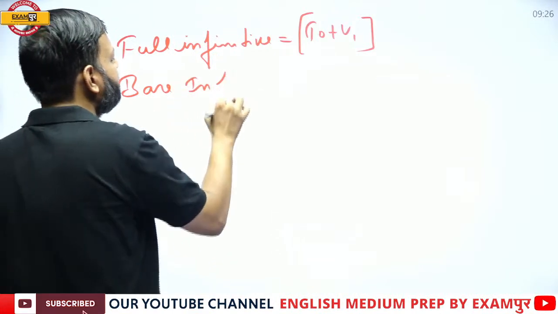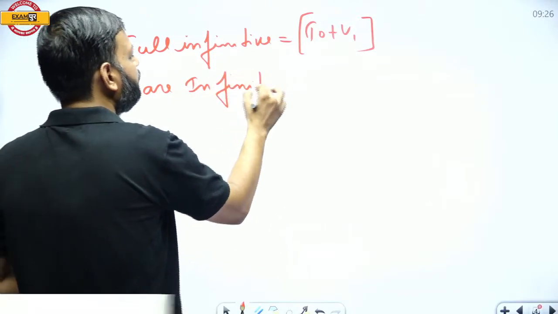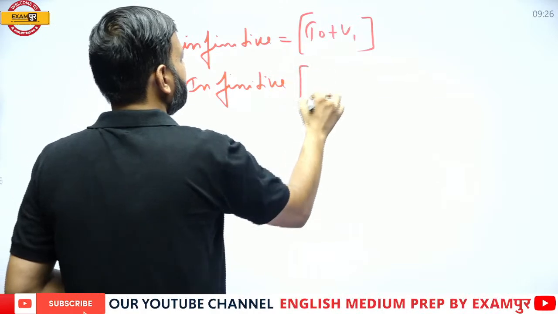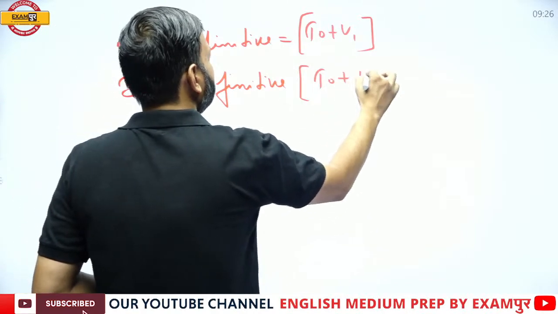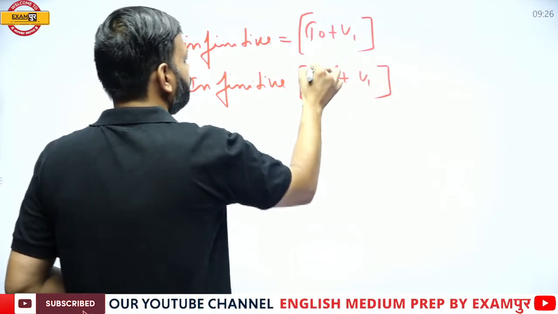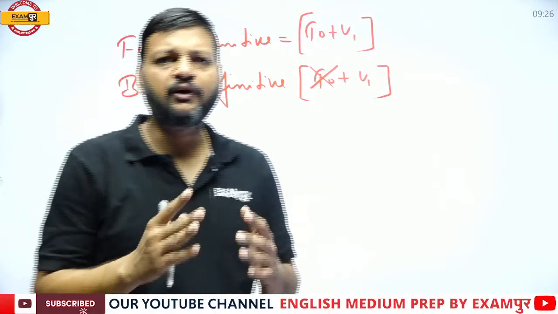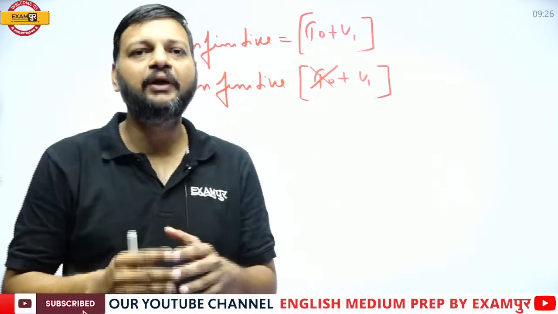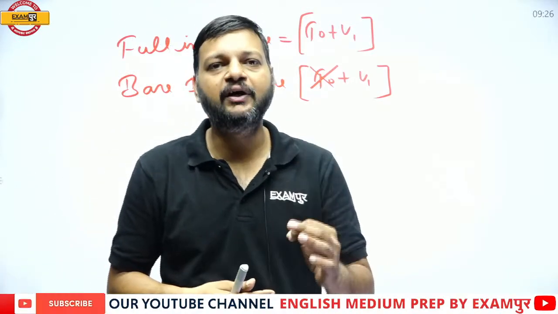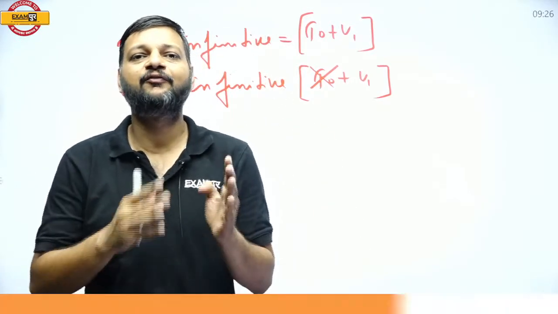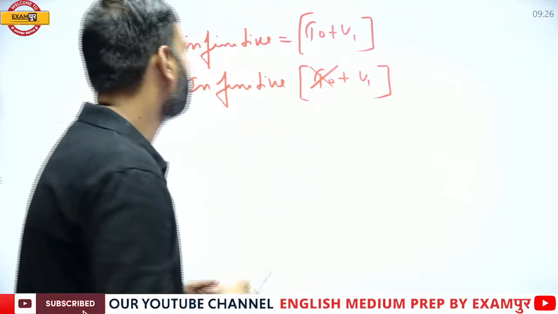Bare infinitive means first form of verb without to. So where the first form of verb is with to, it is called full infinitive, and where it is without to, it is called bare infinitive.